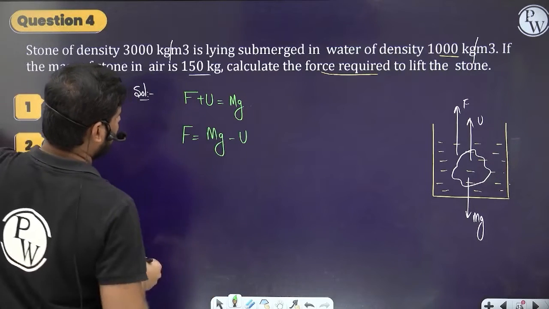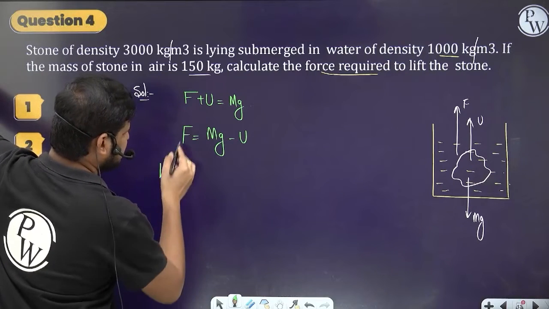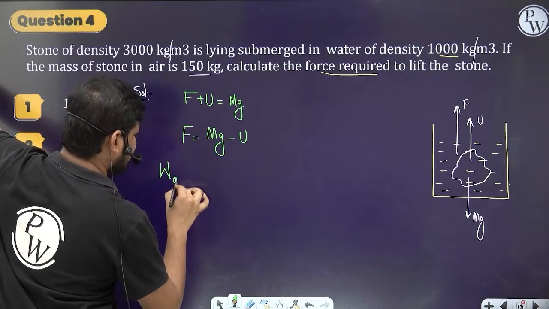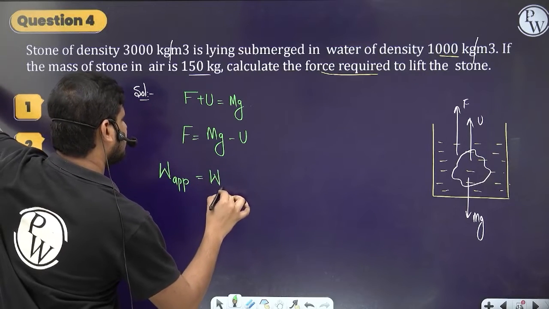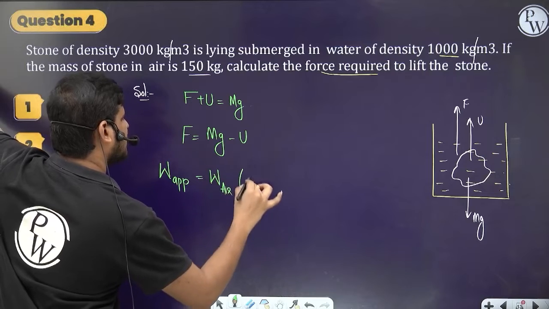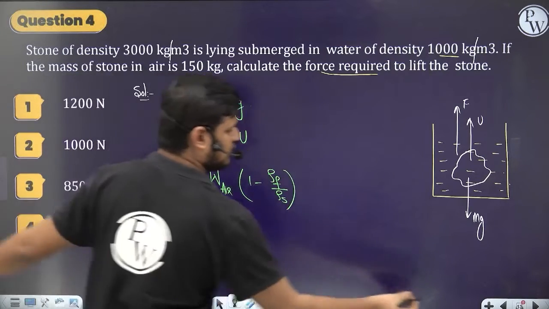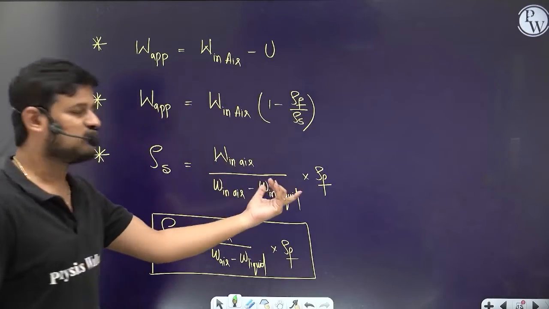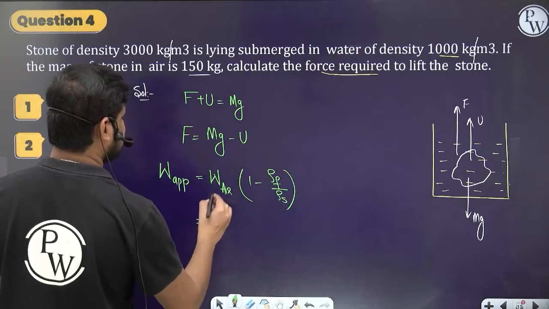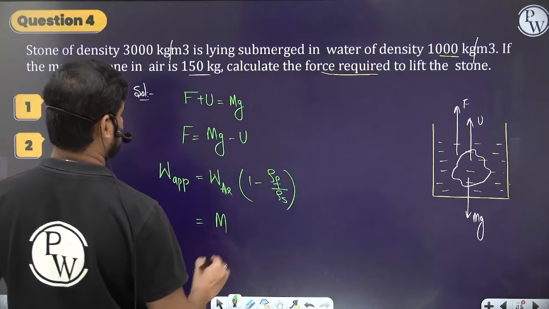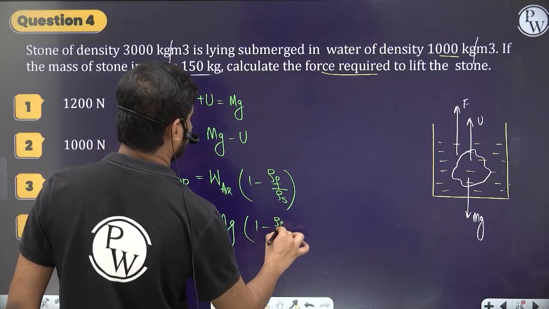So now we already know, right? The apparent weight is nothing but the force, which is equal to the weight in air into 1 minus rho f by rho s. That's the formula we have got, right? So simply substitute the values now. Weight is nothing but mass into g into 1 minus rho f by rho s.